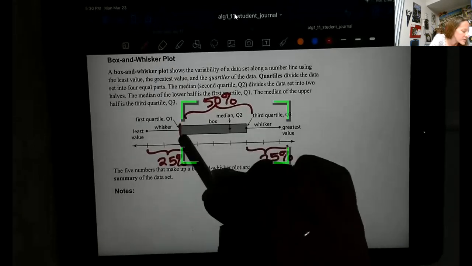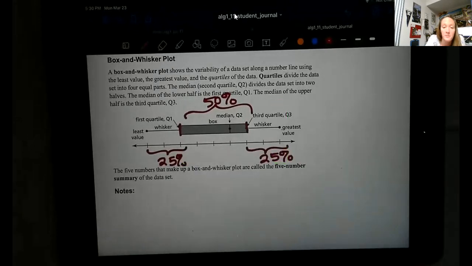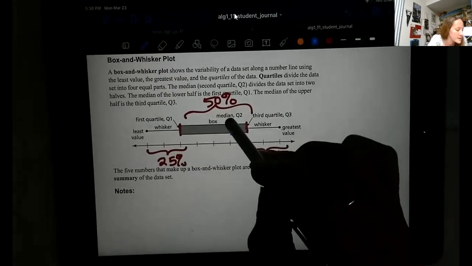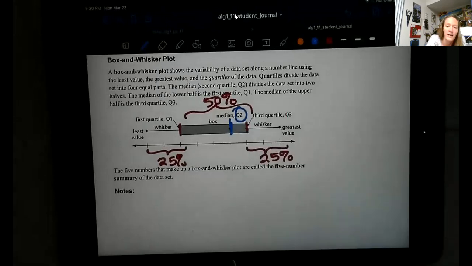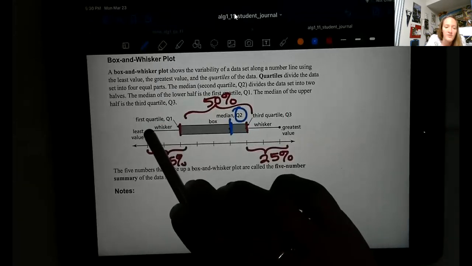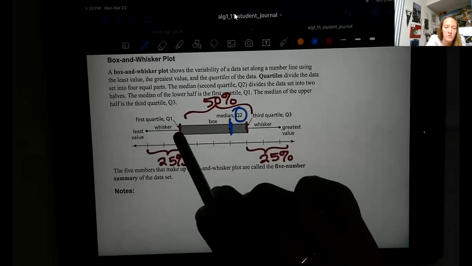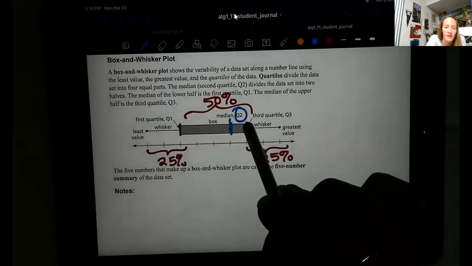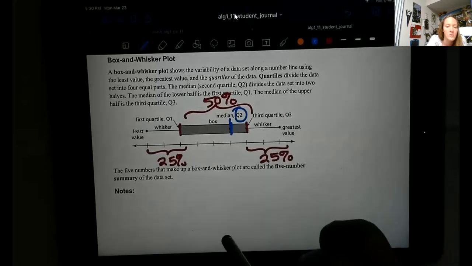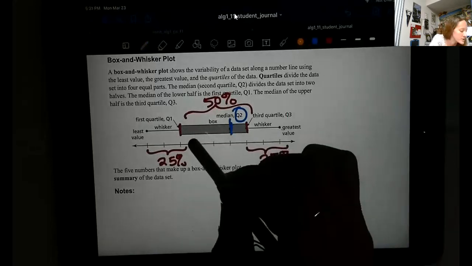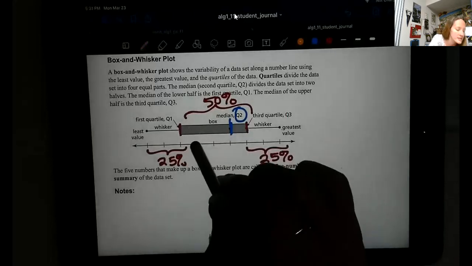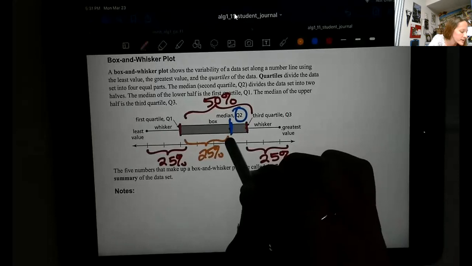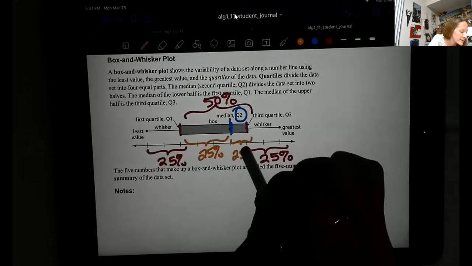So even though this whole box has 50%, the median is not truly in the middle of the box. The median is that second quartile. So if I have this one being the far left, this one marking 1/4, I have to go all the way over here to mark the other fourth, and then I'm done. Which means even though the whole box is 50%, 25% is going to be before the median, and 25% is going to be after.